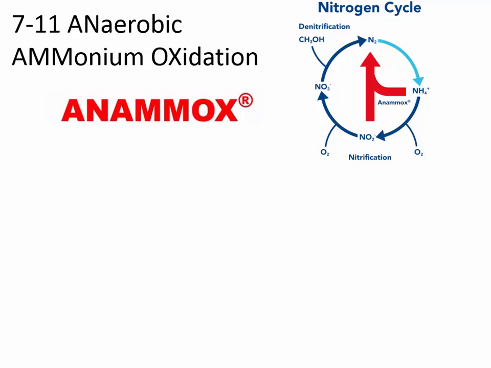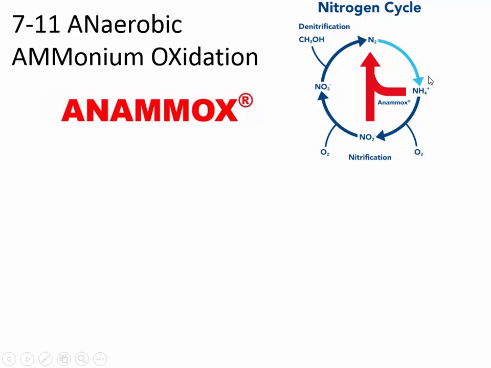And so that offers a lot of big advantages over traditional nitrification, denitrification. If you look at this cycle, one of the big costs in wastewater treatment is aeration, because it's expensive to provide oxygen. You're having to use big electric fans to blow air into the water. You notice here is O2 and here is O2.